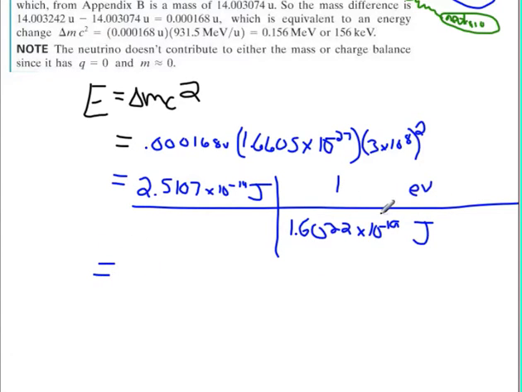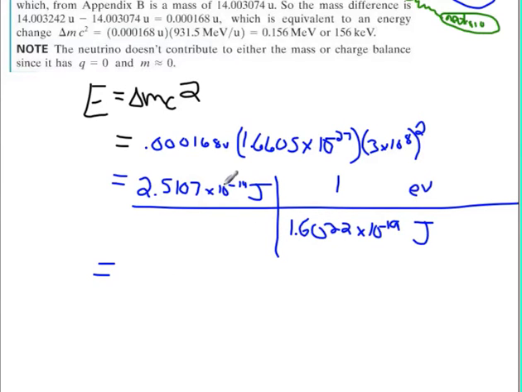And the reason that makes sense is, remember, what is an electron volt? It's basically the amount of energy due to a single charge. It's the most fundamental charge. So if you have 13 electrons, that's 13 electron volts. So the way you don't have to worry about remembering this is that the conversion between joules and electron volts is basically just the charge of an electron. So pretty easy there.